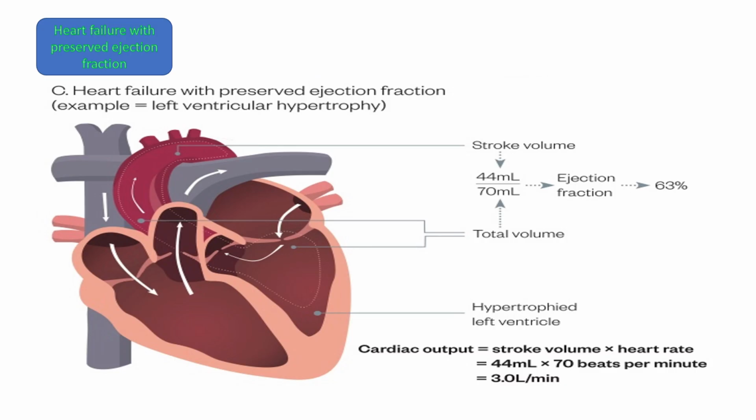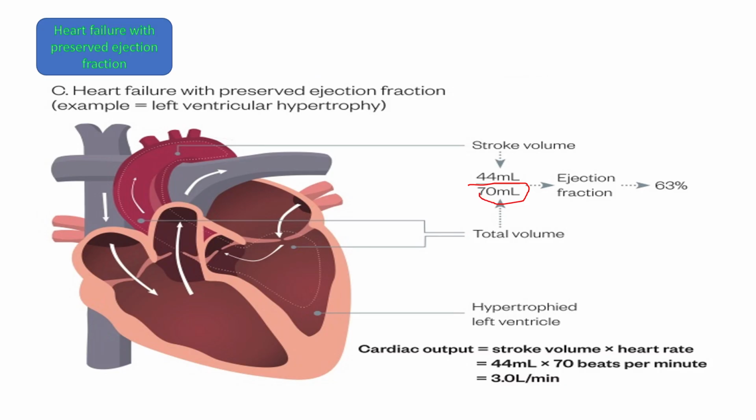When you have diastolic dysfunction, the heart does not fill properly during diastole. If you have heart failure with preserved ejection fraction, this means the ventricle during diastole fills up with only 70 milliliters of blood in this example.